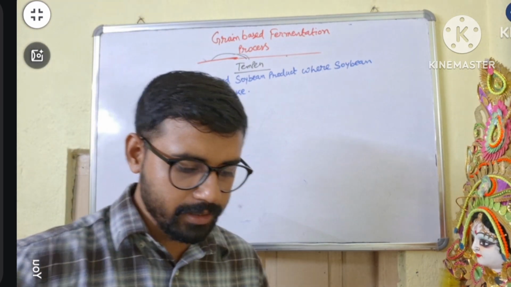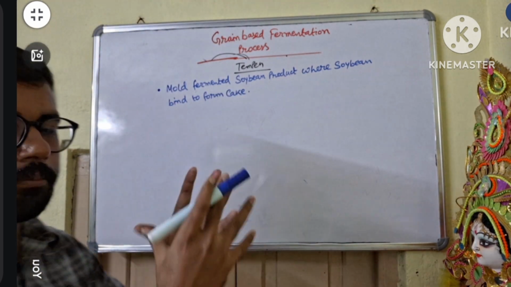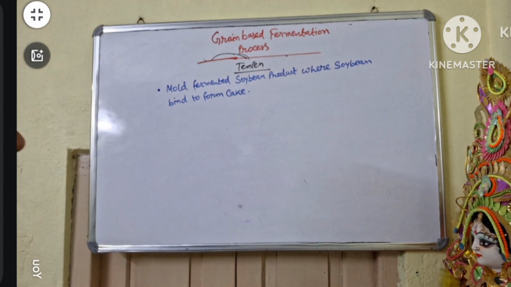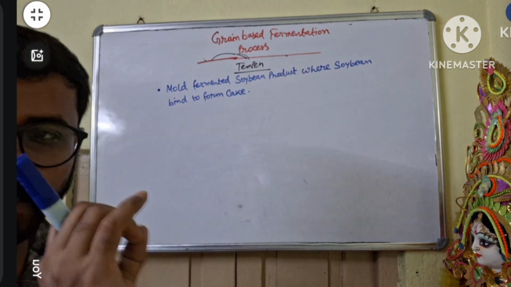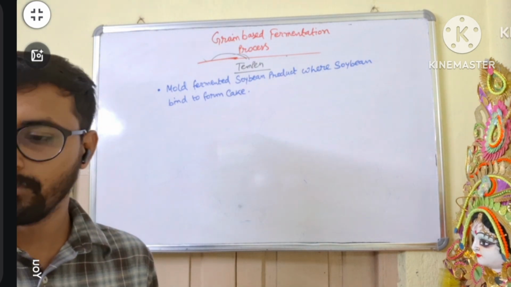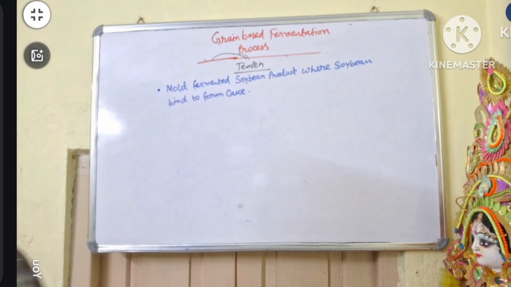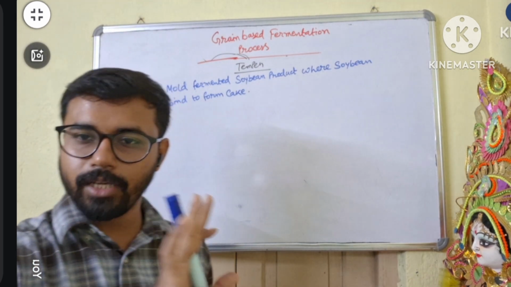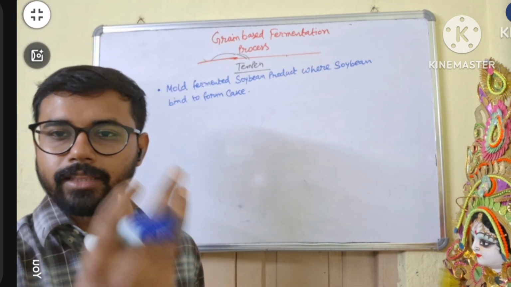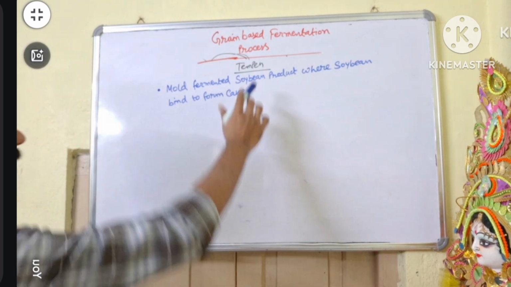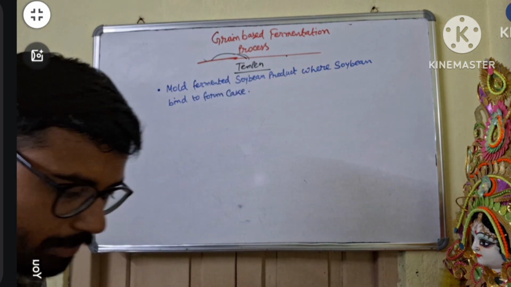That means all the beans are clumped together to make a solid structure. Here the complete bean grain is utilized. Clear? Soybean, not soya chunk. Soya chunk is made from soybean powder and given a chunk shape. Tempeh uses the original soybean.